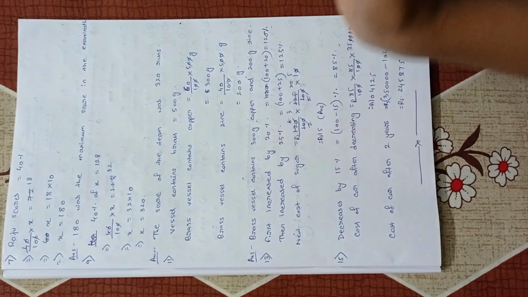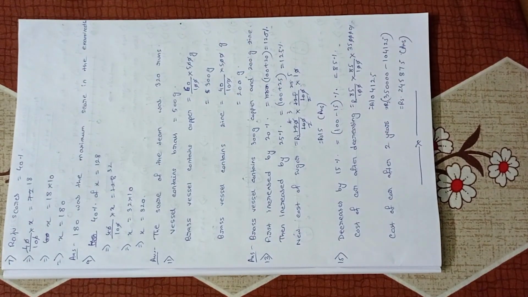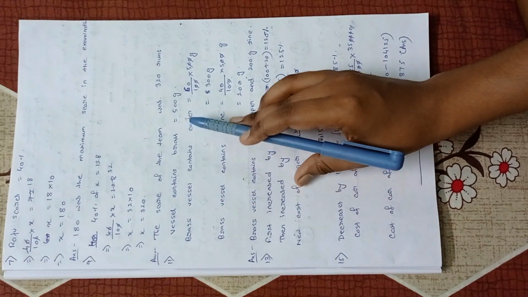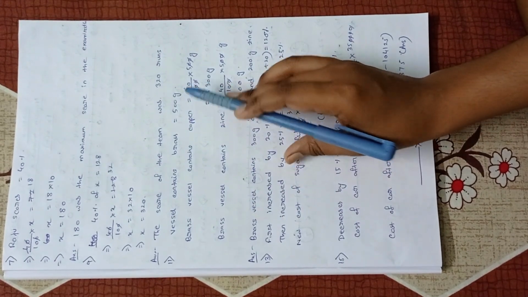Okay, next, see number 11. A brass vessel is made of 60% of copper and 40% of zinc. If the vessel is made of 500 gram of brass, how much of each metal does it contain? Okay, so the vessel contains brass 500 gram.